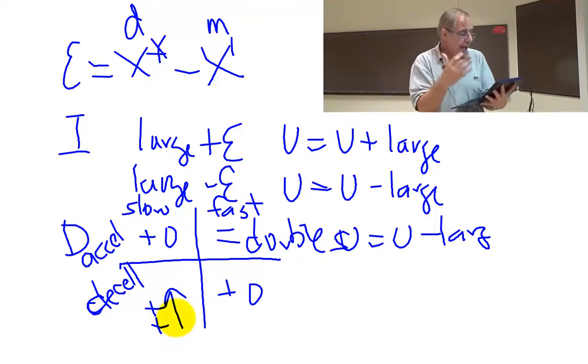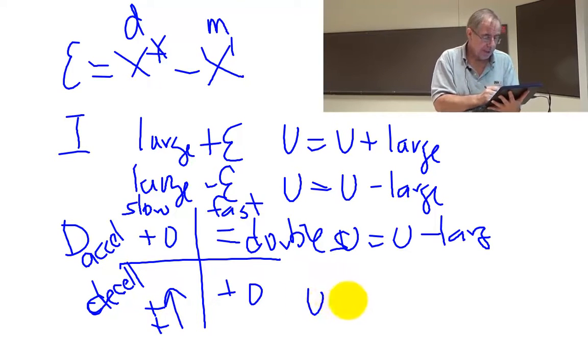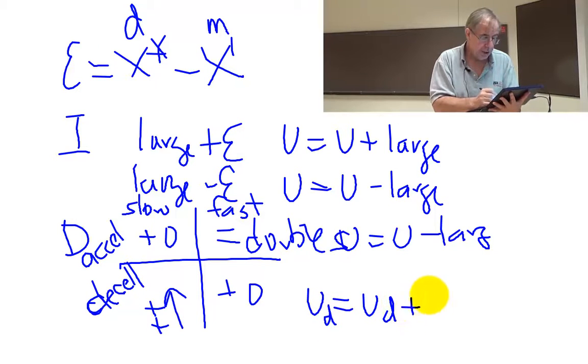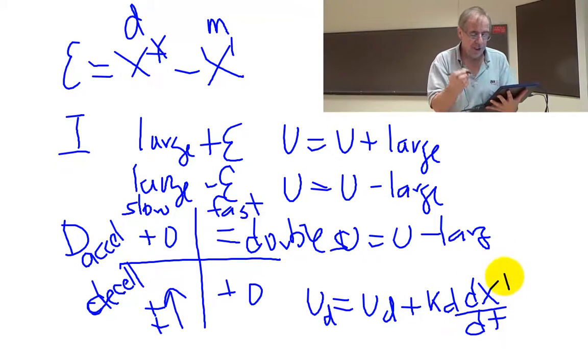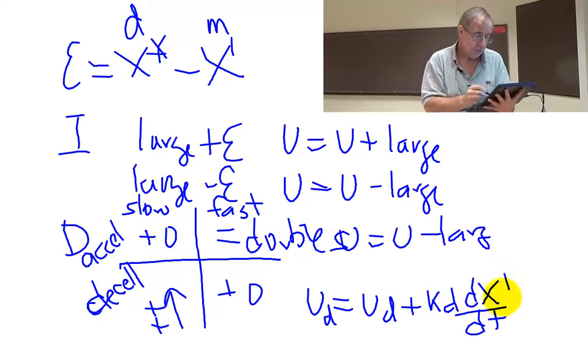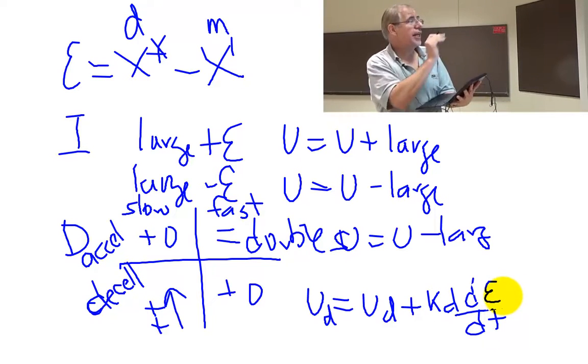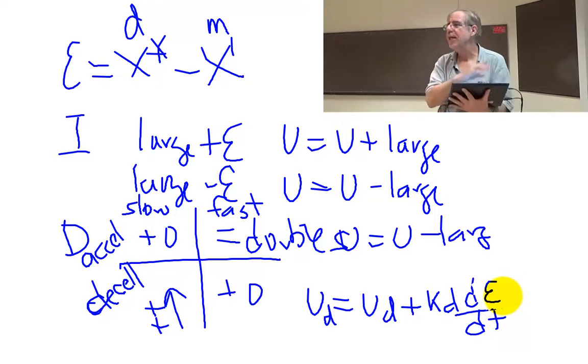And from an equation standpoint, that is simply UD equals UD plus some constant times the derivative of the speed, or the derivative of the error. And I got to get the sign right.